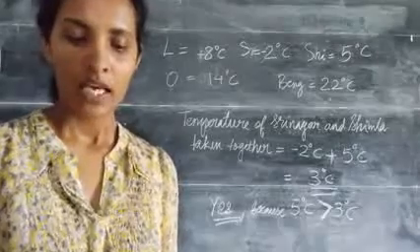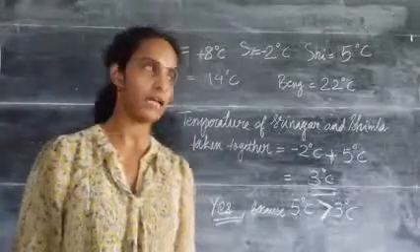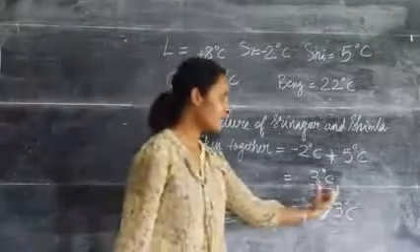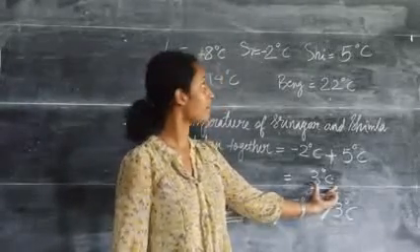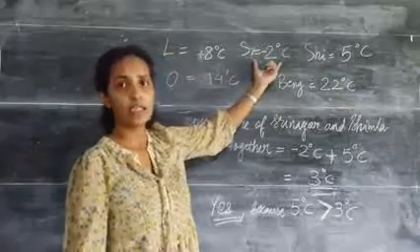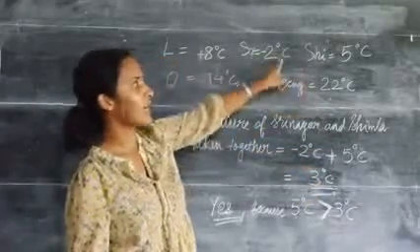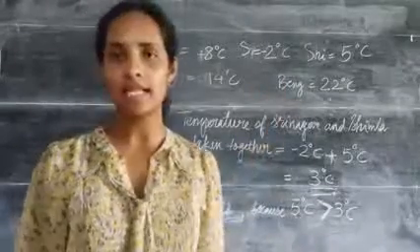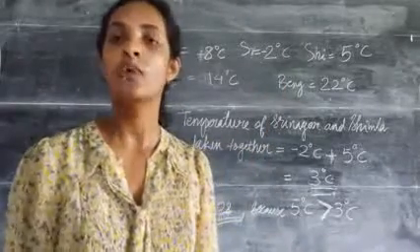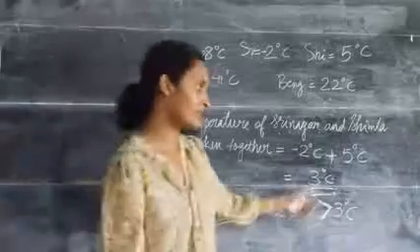They ask us, is it also less than the temperature at Srinagar? Look at this. The temperature of Shimla and Srinagar taken together, is it also less than this temperature at Srinagar? Is it? Look at it. 3 degrees Celsius and minus 2 degrees Celsius. What is the lesser one? Minus 2 is lesser than 3 degrees Celsius, right? So we cannot say that this is lesser, right?